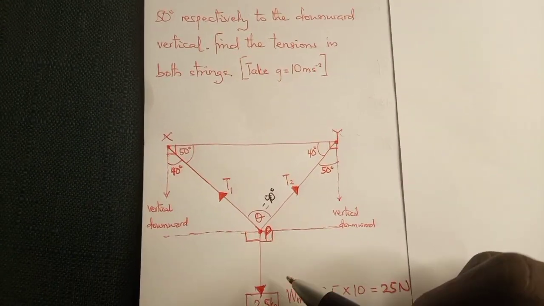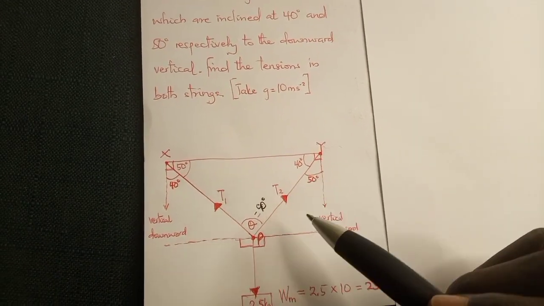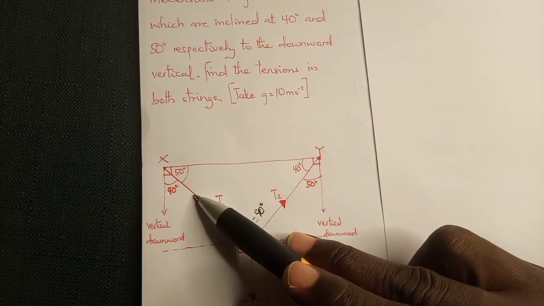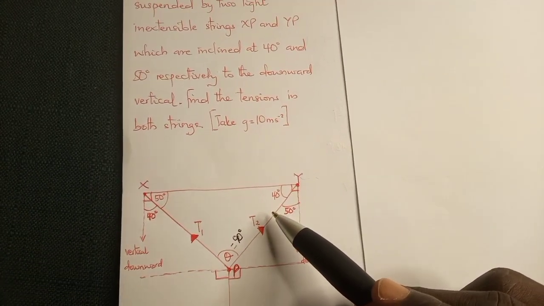All right, so let's see how to solve this. First of all, we have to find the tension in the two strings, here and here. So we use the Lami's theorem approach.